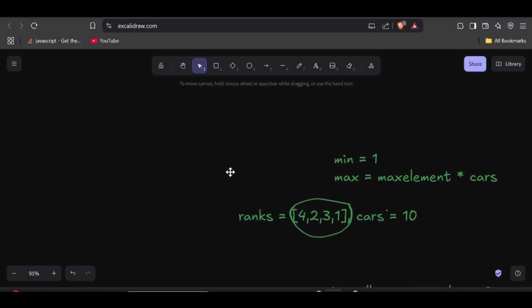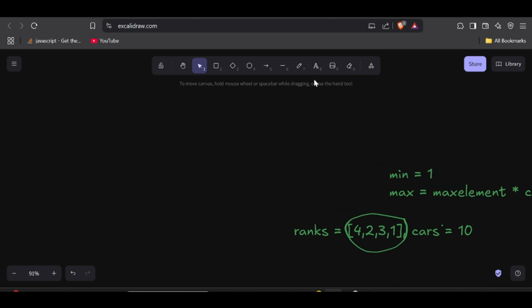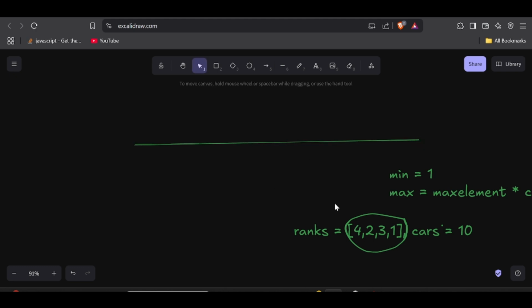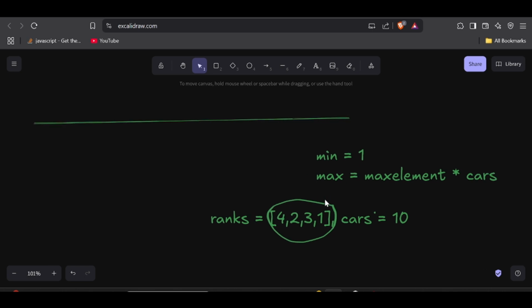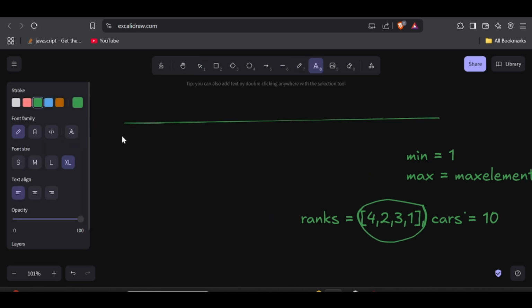So let's plot our graph. We have a range. What is the maximum possible range of this question? It is starting from 1, and it is ending at, what was the maximum element? 4.